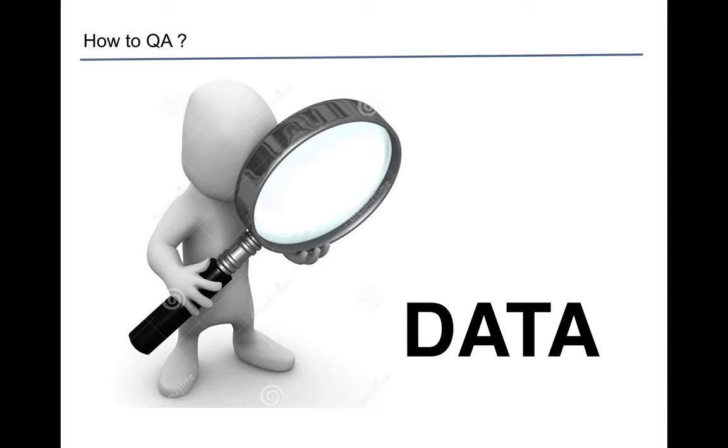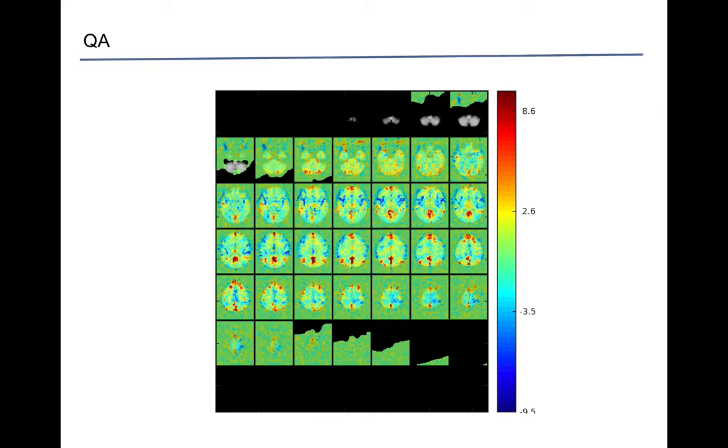So here we just want to show you a few figures to give you an idea that maybe you can use in your data set. For example, this is from an individual subject, a PCC correlation map with a seed in PCC.